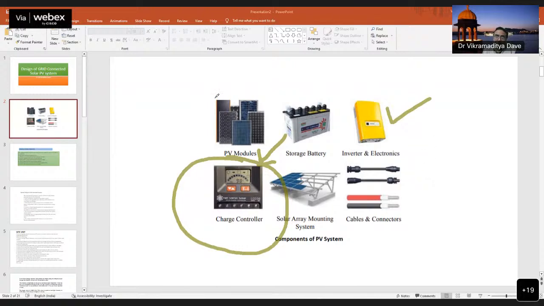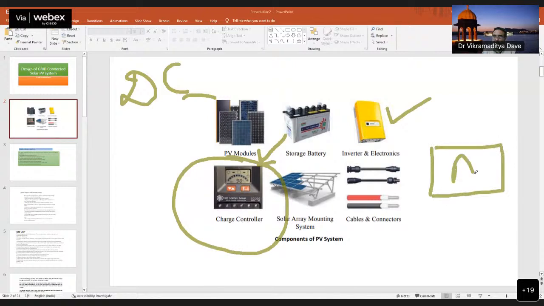Because this module is producing DC, and in our residence or industry we are getting AC. So there is a power electronic device, which Dr. Sujit talked about yesterday, that is this inverter. This inverter converts DC into AC, and thereby it now gives power to our grid, and therefore the system runs.